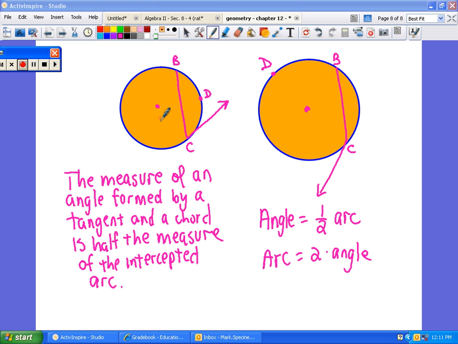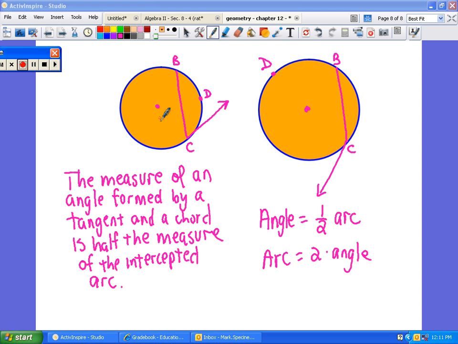So it's the same concept as when we formed the angle by two chords. So instead of two chords, it's now one chord and one tangent. But the relationship is the same. Notice my simplified equations are identical to the ones we just talked about yesterday.